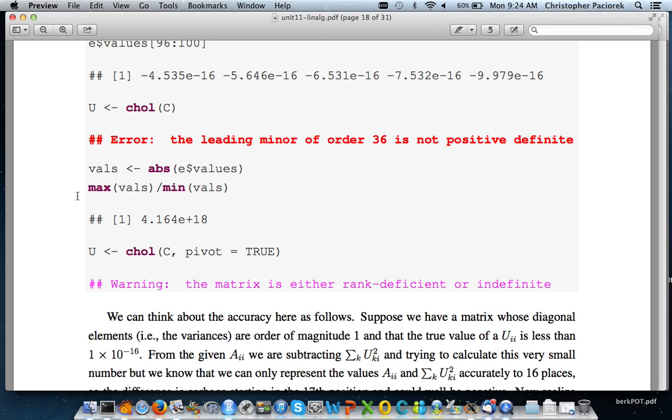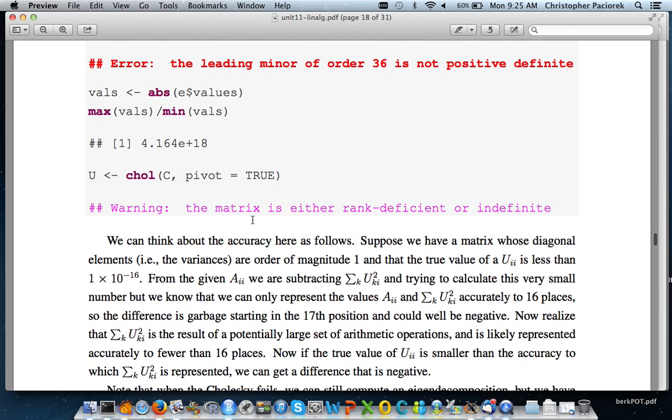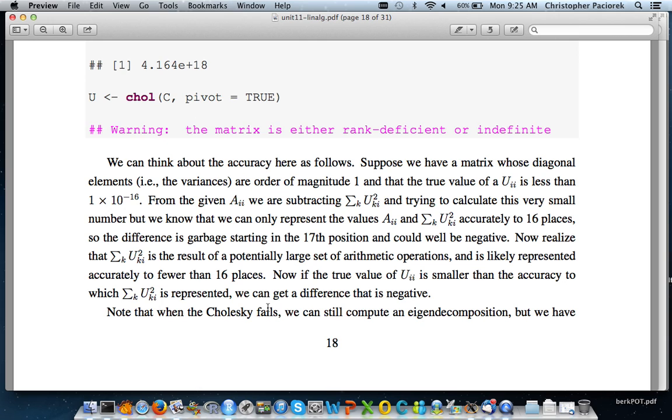Again, that's getting to be larger than the precision, the number of digits with which we can represent numbers accurately. There's a little bit of logic here about what can go wrong, but I'll let you read that on your own time. It's basically the sort of reasoning that we've seen in other contexts.